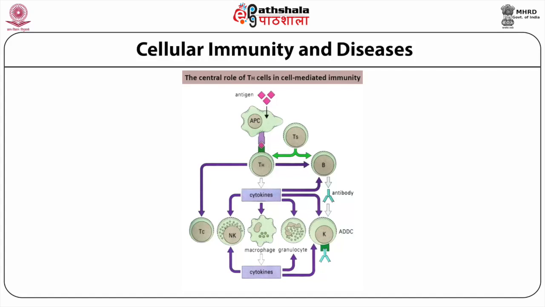The three key effector mechanisms involve Tc, cytotoxic T cells; antibody plus mast cells and eosinophils; and macrophage activation and delayed hypersensitivity. Thus, the decision by Th cells is very critical. The third option is protective in leishmania, whereas the second option is hurtful.